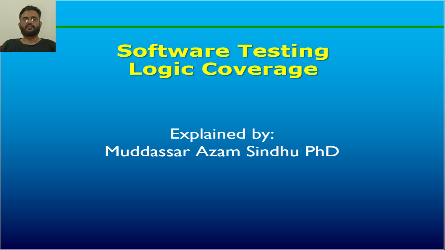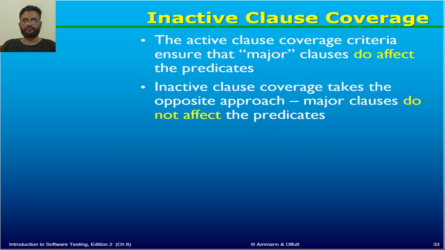So in active clause coverage, we discussed those clauses which affect the predicate, but in this scenario we are going to discuss those cases in which active clauses are not going to affect the predicate.